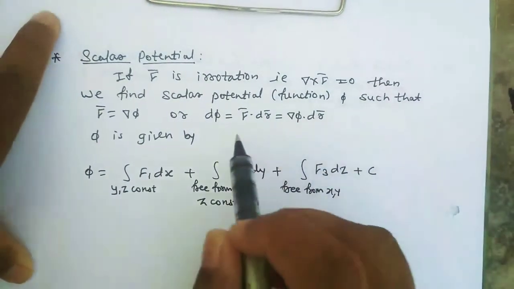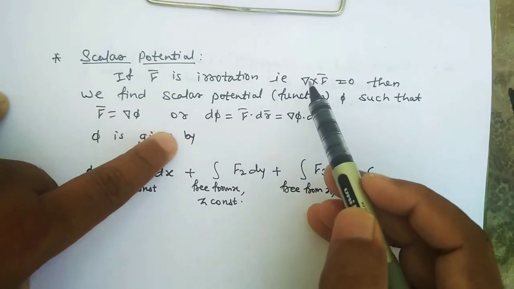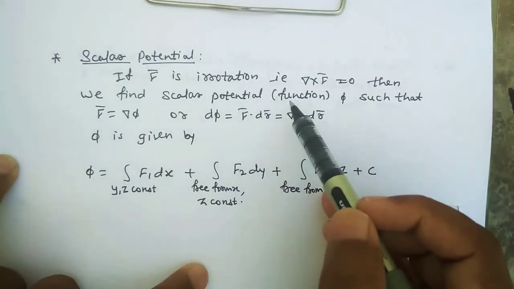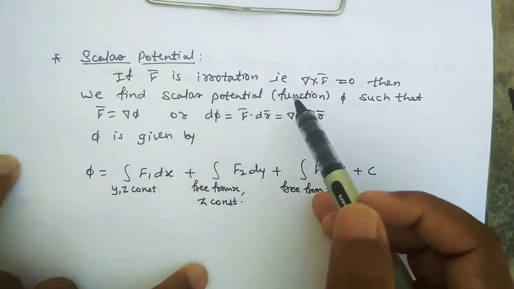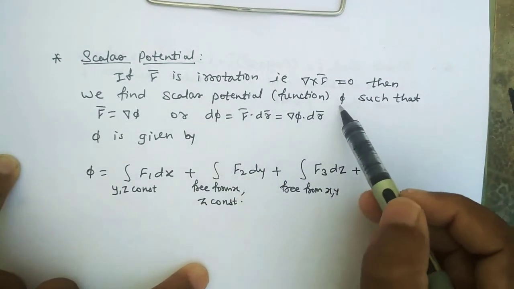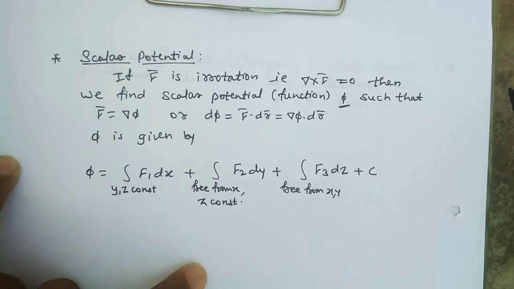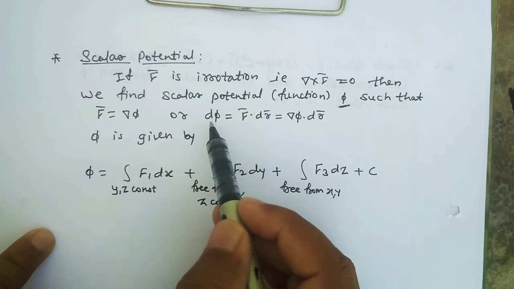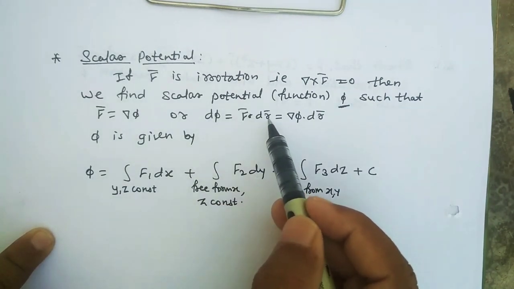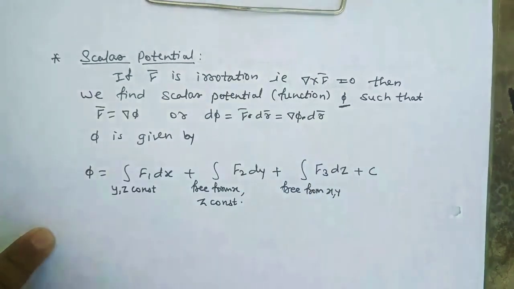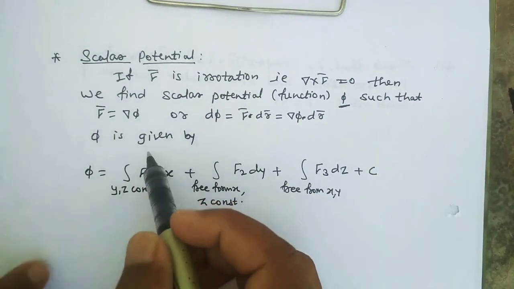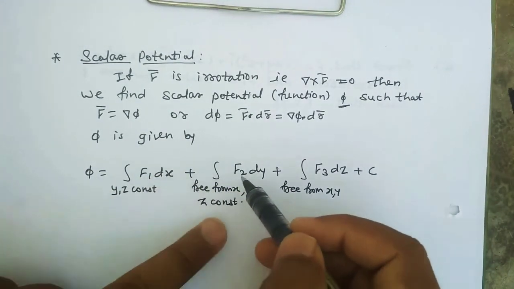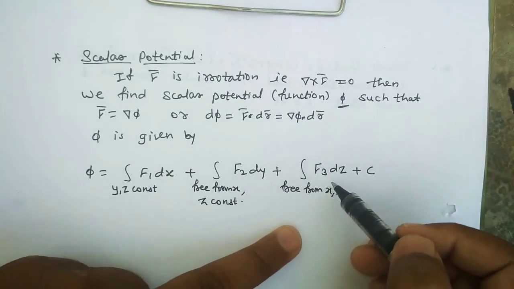If f bar is an irrotational vector field, that means the value of del cross f bar is equal to 0, then we can find a scalar potential, or scalar function phi, such that f bar is equal to del phi, or d phi is equal to f bar dot dr bar, or del phi dot dr bar, and that phi is given by the formula phi is equal to integration of f1 dx plus integration of f2 dy plus integration of f3 dz plus c.